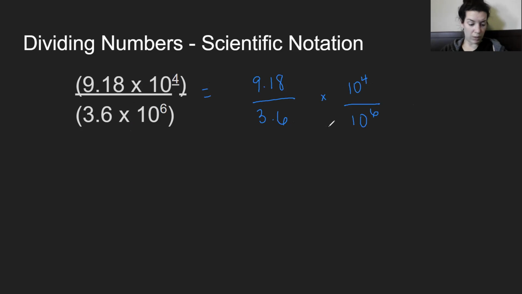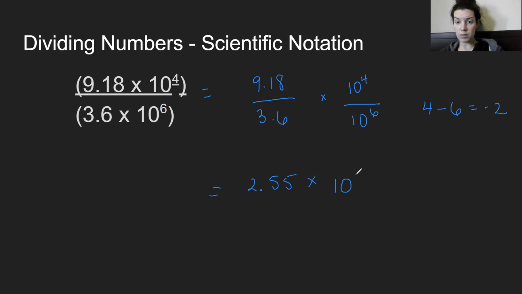Now let me stick this into my calculator. 9.18 divided by 3.6 gets me 2.55 times. And now I'm going to work on my base. 10 to the fourth divided by 10 to the sixth. I'm still going to have a base of 10. Because I am dividing, I'm not going to add my exponents, I'm going to subtract my exponents.